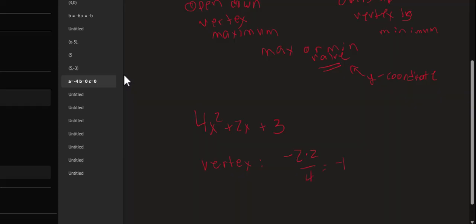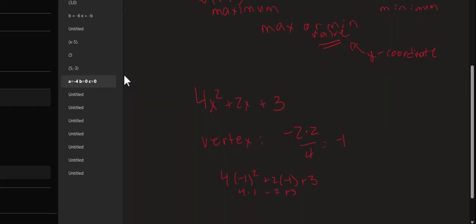The minus 1 would be my x value. 4 times minus 1 squared plus 2 times minus 1 plus 3 would be 4 times 1 minus 2 plus 3. 4 over minus 2 is 2 plus 3 is 5. So my vertex would be minus 1, 5. This one opens up, so that would be a min value. And the min value would be 5.